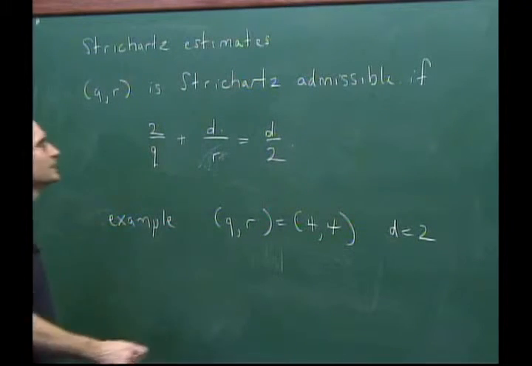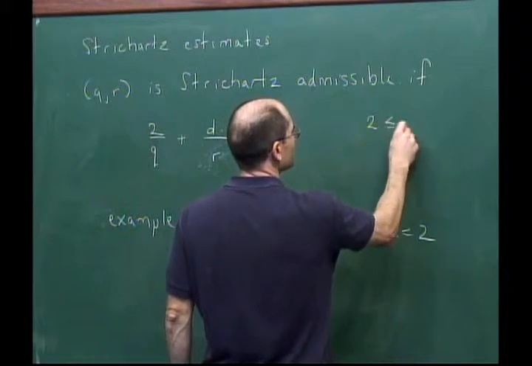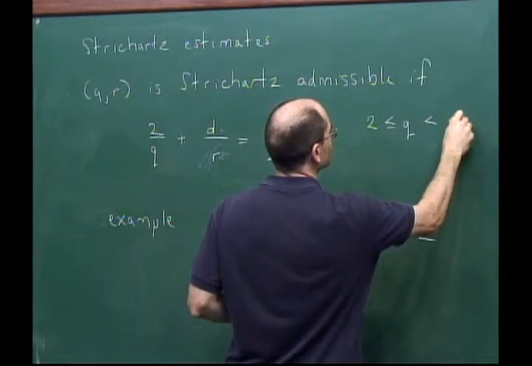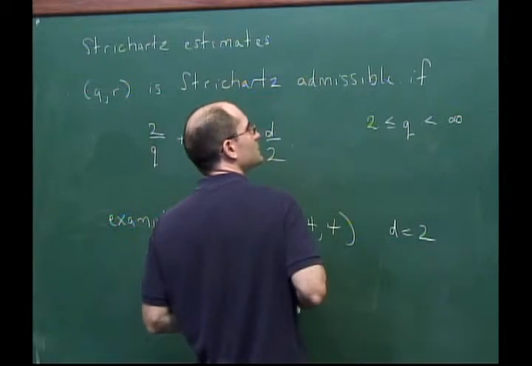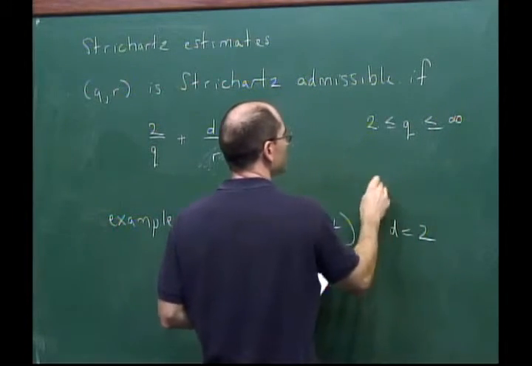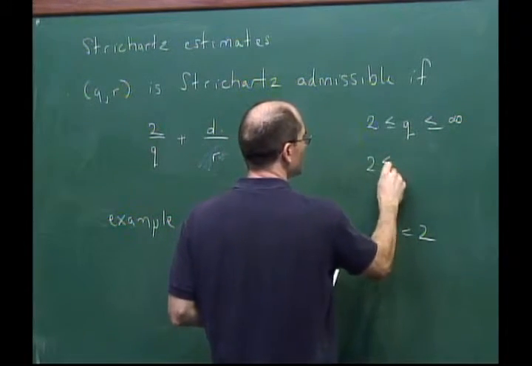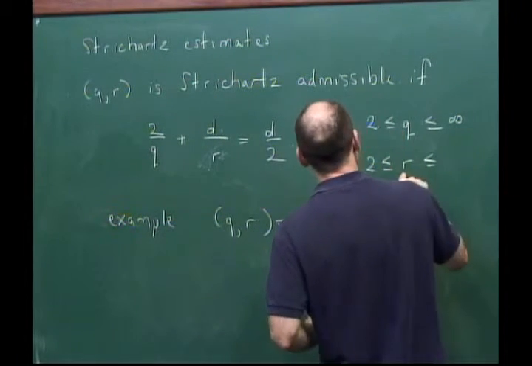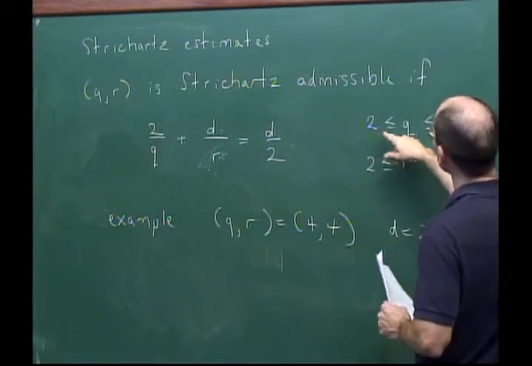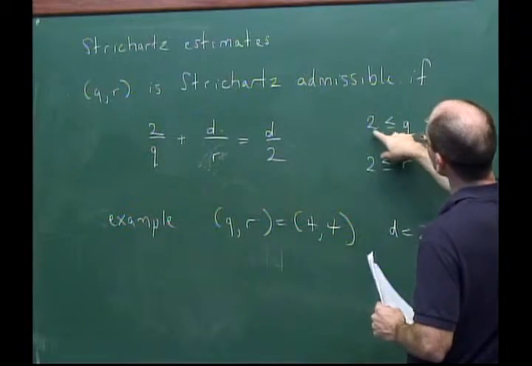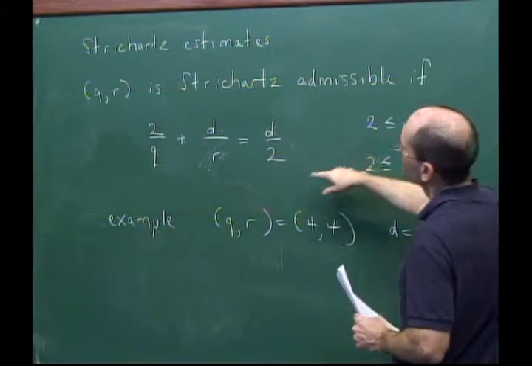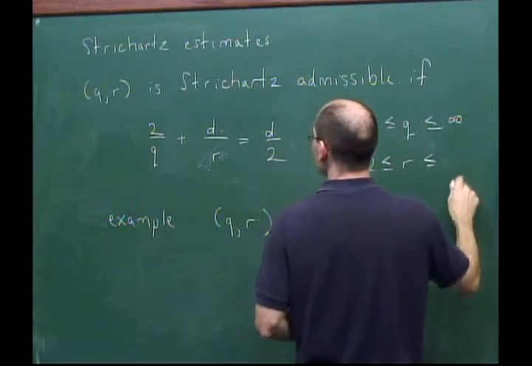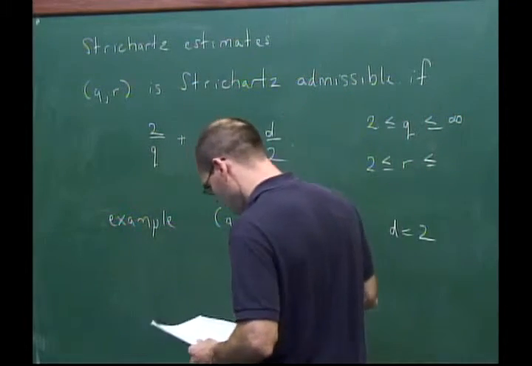But you need 2 less than or equal to q less than or equal to infinity. And we also need that r should be bigger than 2. And then the lower bound here on q equals 2. The corresponding bound for r is, shoot, I didn't write it down.